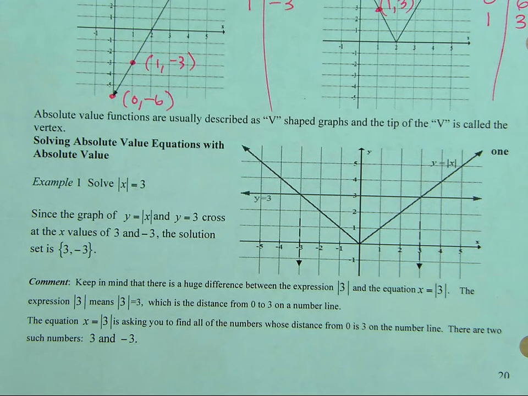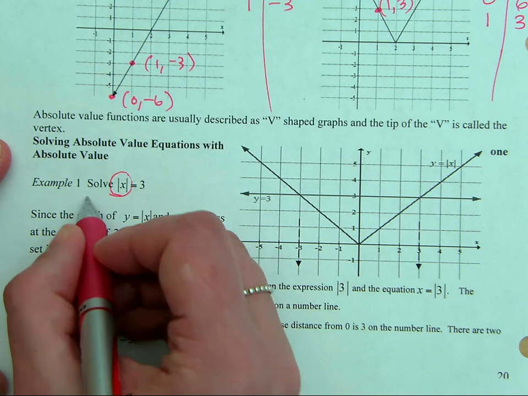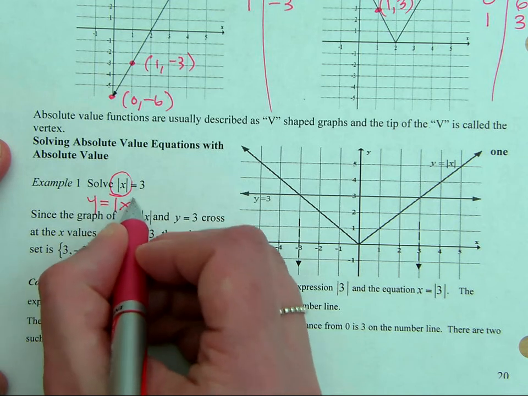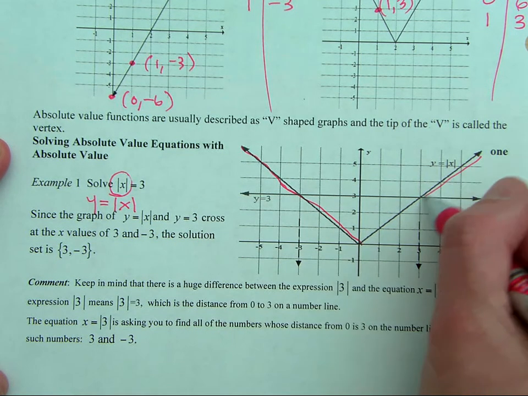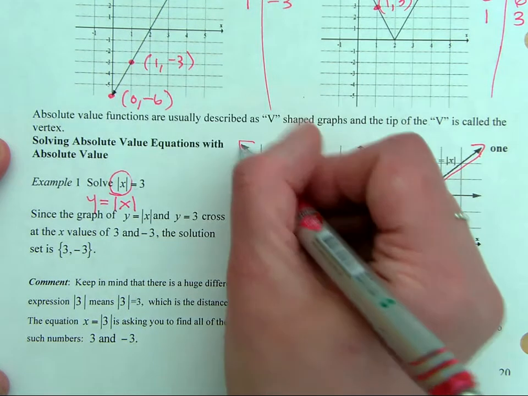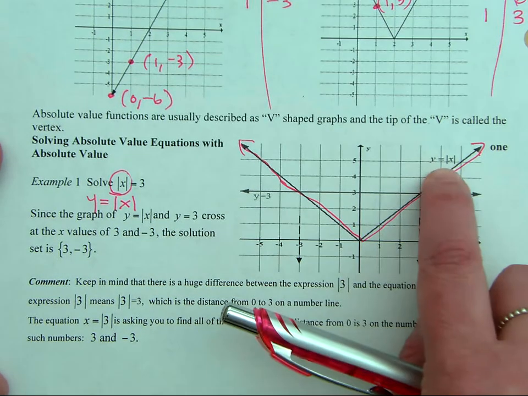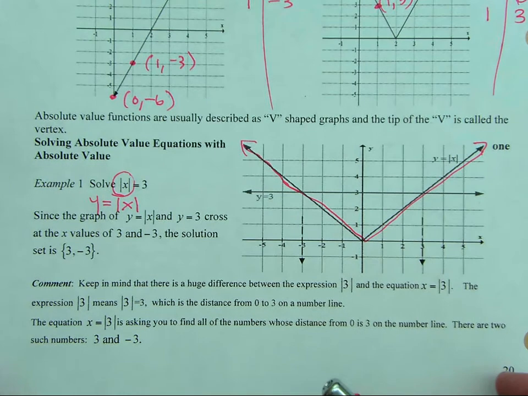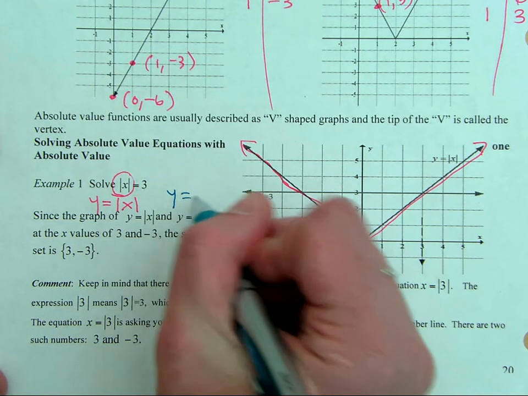And the way we do this, we start by taking the first side and we write y equals the absolute value of x, and that's this graph right here. I didn't print it in color, but that's y equals the absolute value of x, which we had just graphed above. Now, to solve this graphically, I take the second side and I write y equals 3.